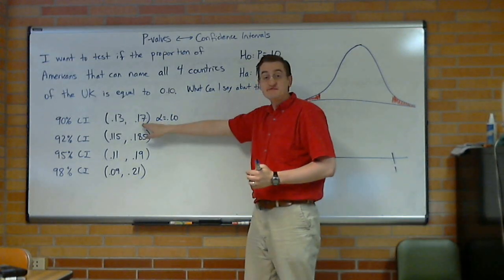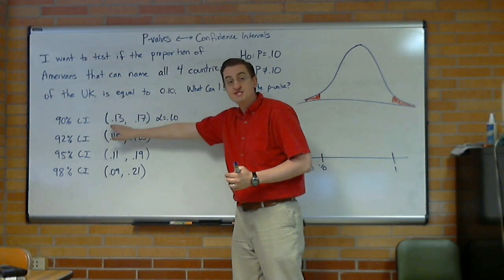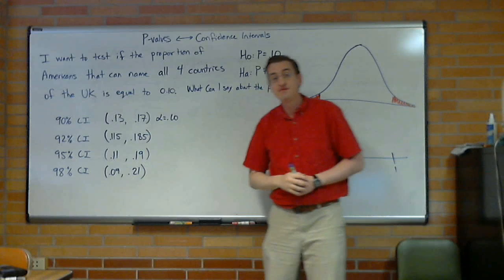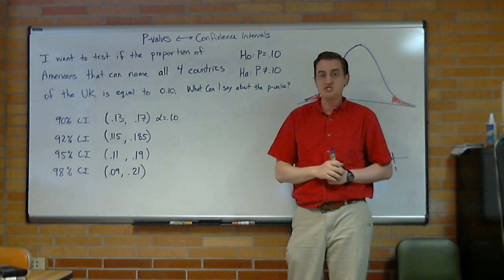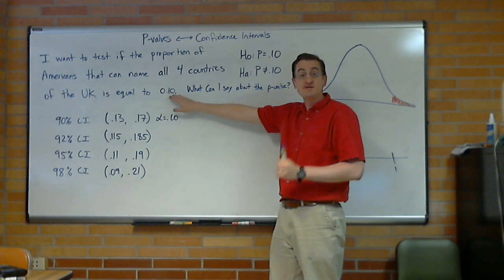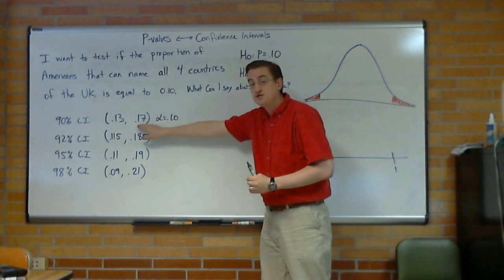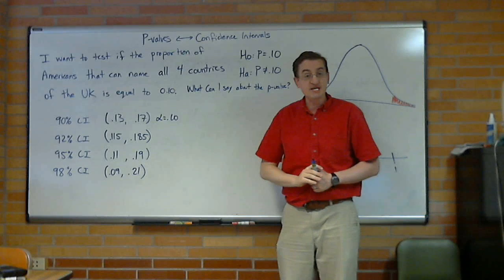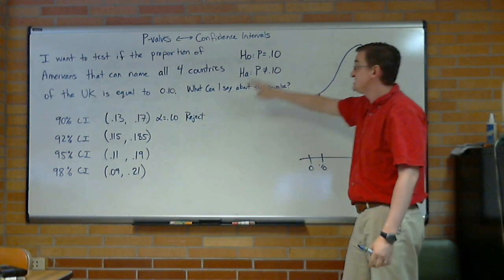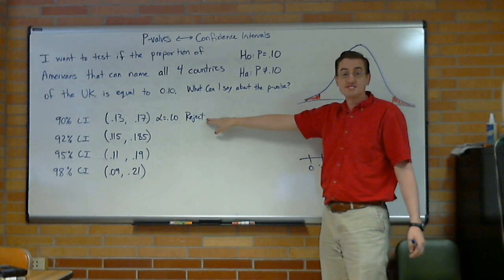Looking at this interval here, it's between 13 to 17%. Is 10% in that range? The answer is no, 10% is not in that range. So if someone came to you and said, I think the proportion be 10%, you would respond, no, I reject that claim. This means if you were doing a hypothesis test of 10%, you would reject that hypothesis test.